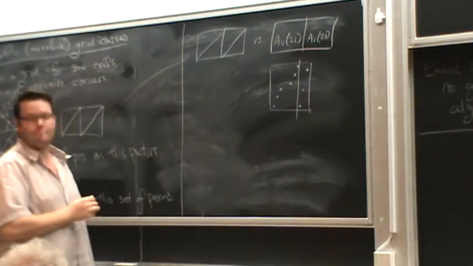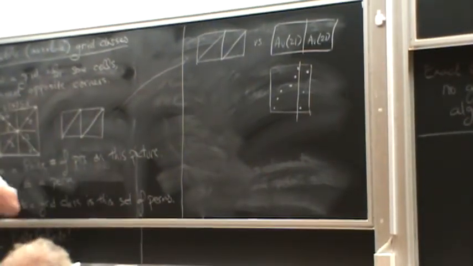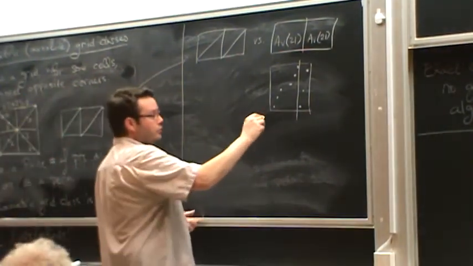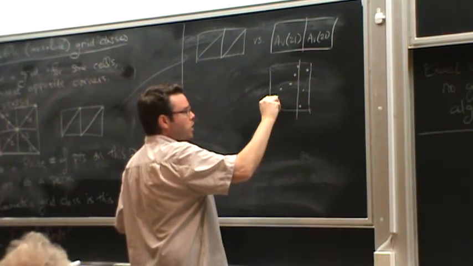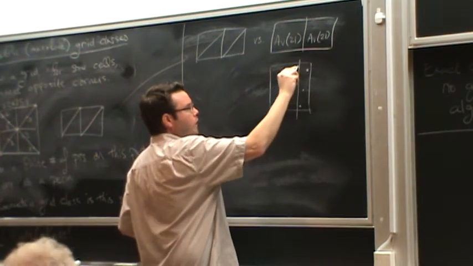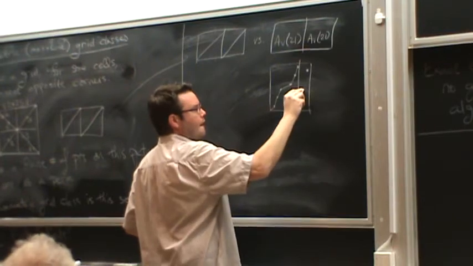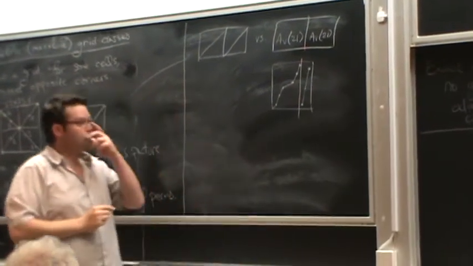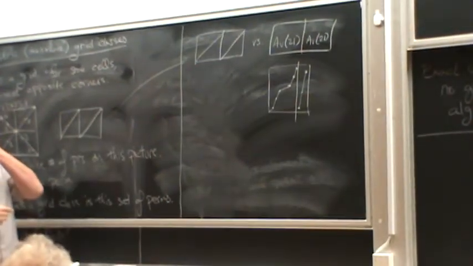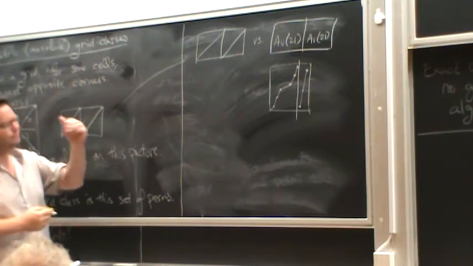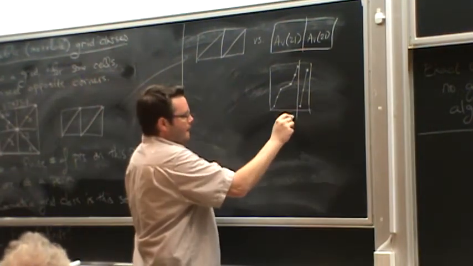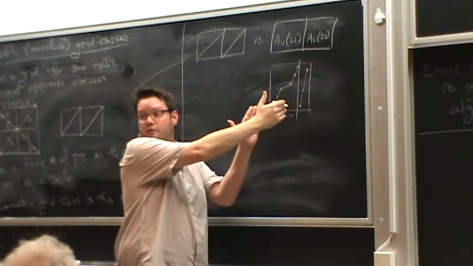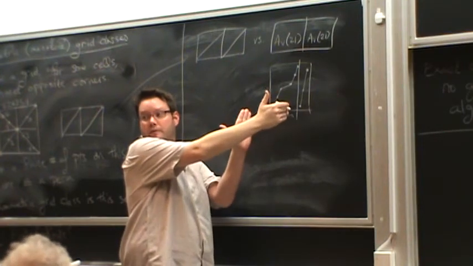Okay. Now I can connect the points on the left with lines, and the ones on the right. And the point is, by stretching and shrinking this, I can make this a straight line.